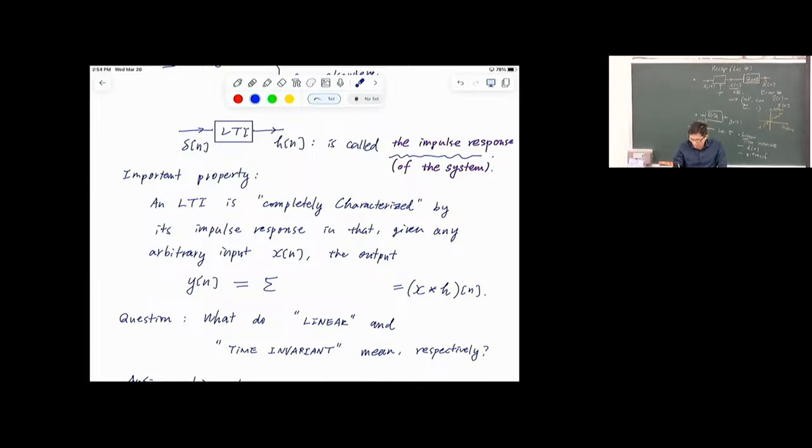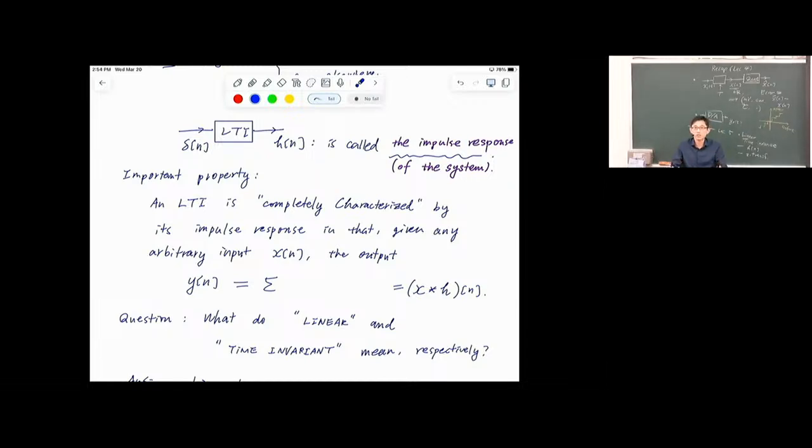That is to say, in what sense? In that, if we know h of n, the system's response to the delta function, then for any arbitrary input, we can calculate the output, and that's what we mean by complete characterization. That means we know how to predict the output for any arbitrary input.